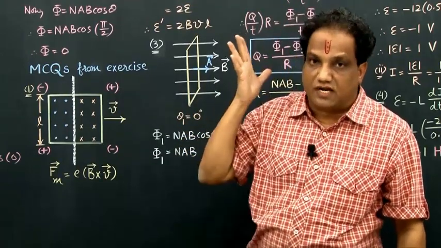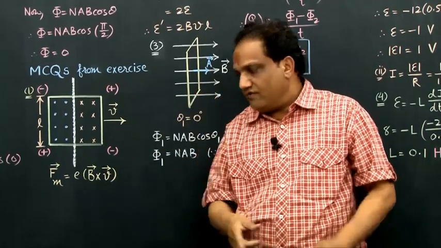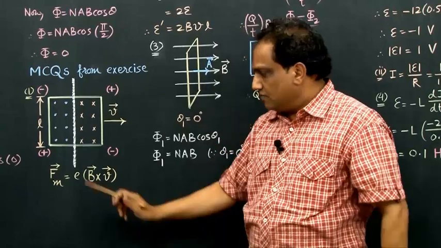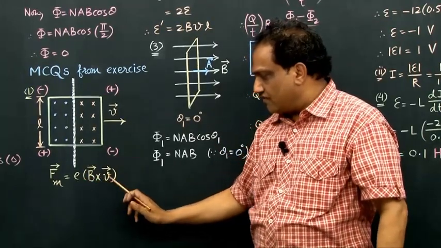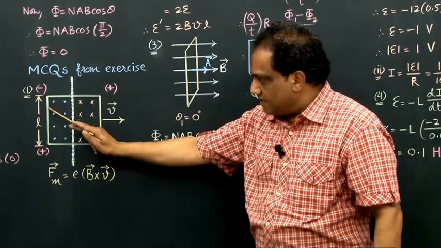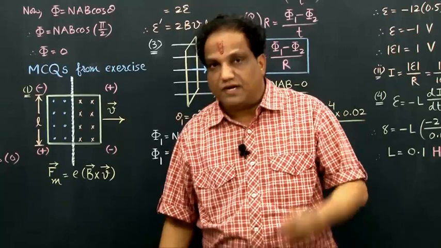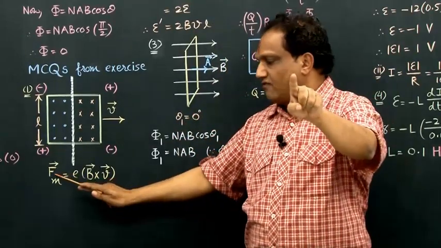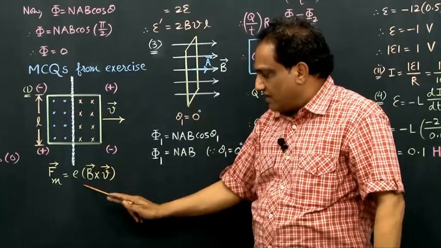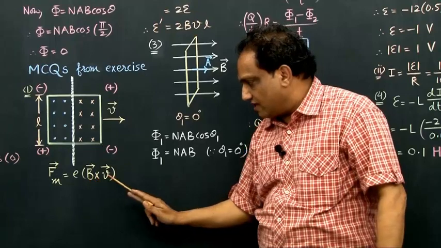For electrons, which are negatively charged particles, you know the formula of magnetic force: vector Fm is equal to e into vector B cross vector V. Depending upon the direction of magnetic force, the electrons will get displaced. But what is the direction of magnetic force? It is in the direction of vector B cross vector V.